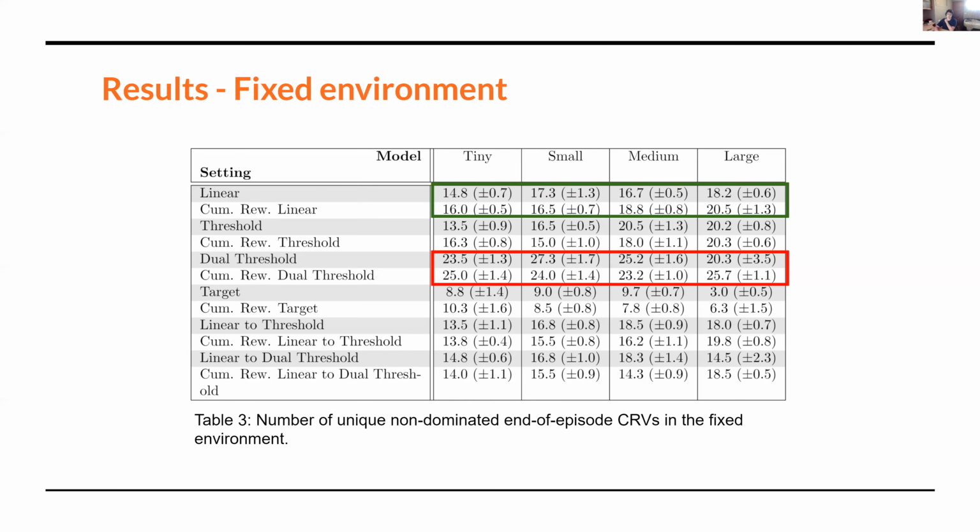This is to be expected, because dual threshold agents have access to something that linear ones and threshold ones do not, which is that dual threshold agents can take only some of an item, because they might be interested in up to 2 reds and then stop. So they might close an episode early, whilst the linear and the threshold agents either are interested in an item or they are not.